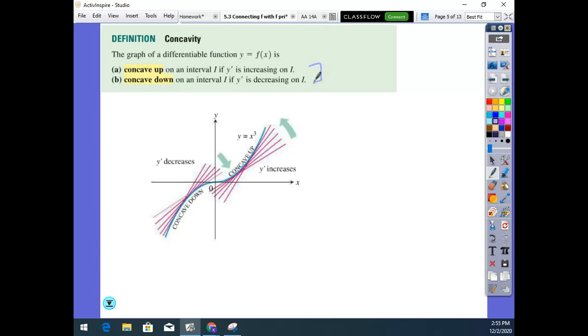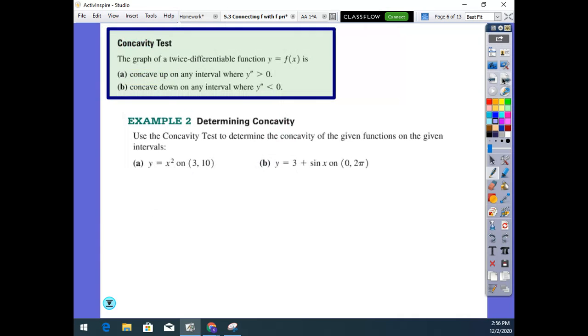So this can be a little bit confusing. This is making it a lot easier. So if y prime is increasing and decreasing, that's saying where y double prime is positive or negative. It's concave up if the second derivative is positive. It's concave down if the second derivative is negative.